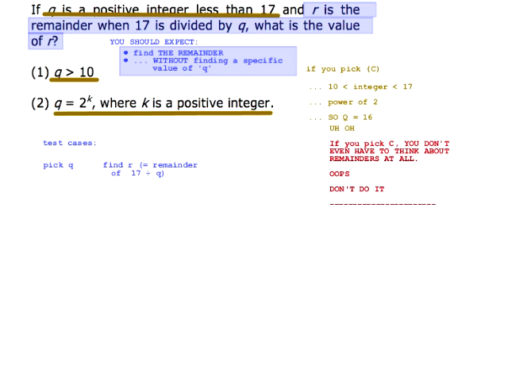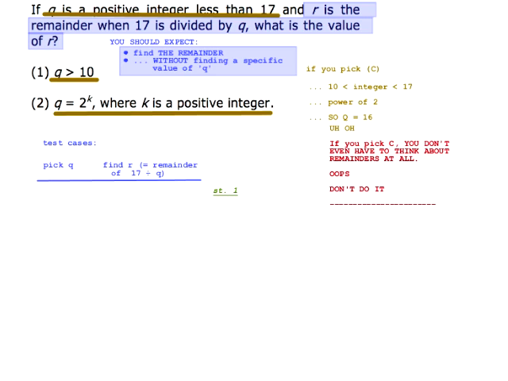So let's just do it. What are the Q's that we can pick for statement 1? Yeah, just 11 through 16, as far as we need to.